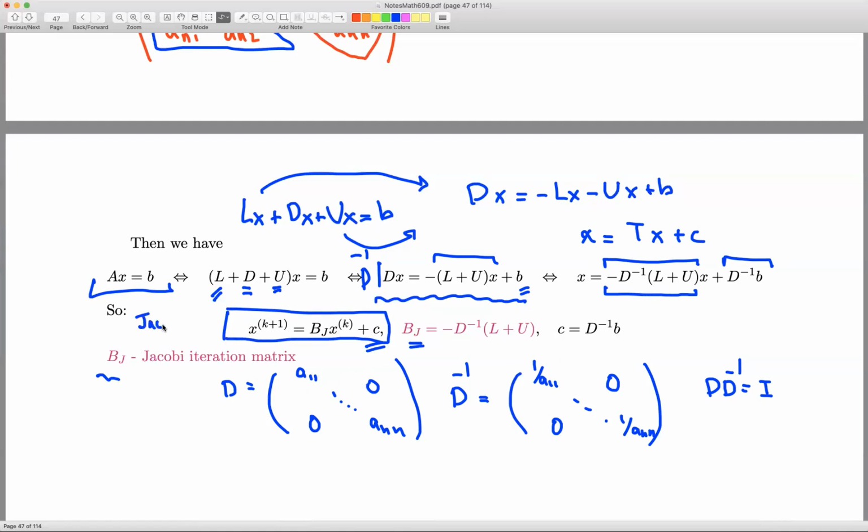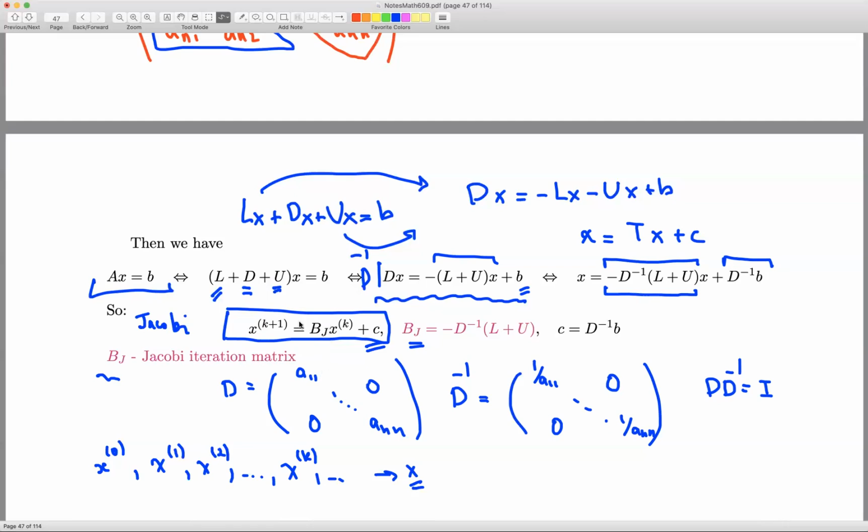So this is how, using the Jacobi method and starting with some initial vector x0, which is our initial guess, we will generate the sequence of successive approximations to the vector x, hopefully, because in order to have convergence we have to have some conditions on the matrix B_J.